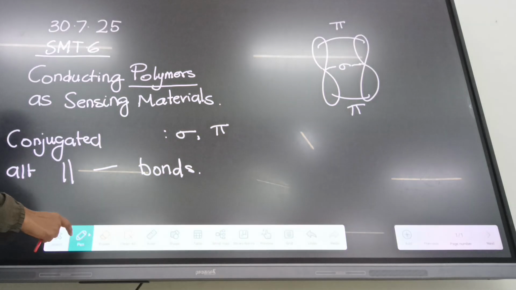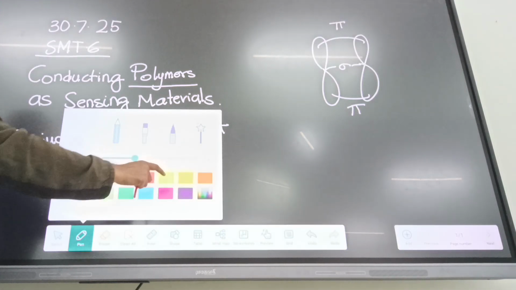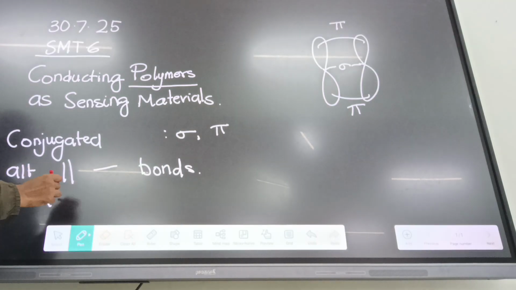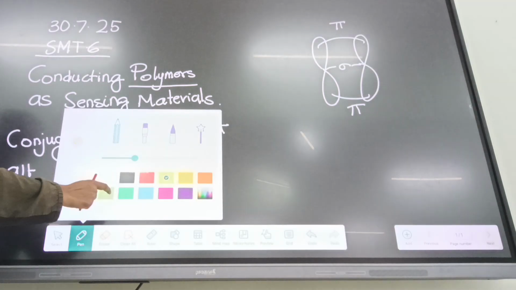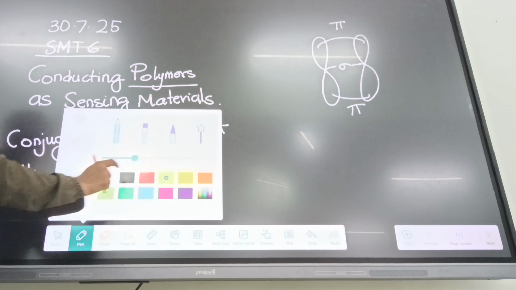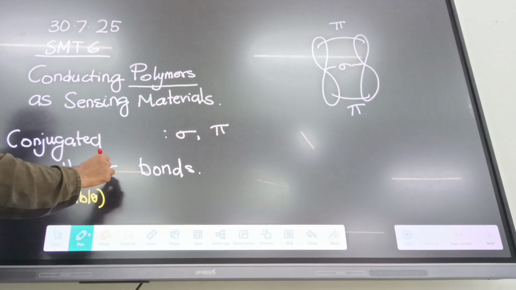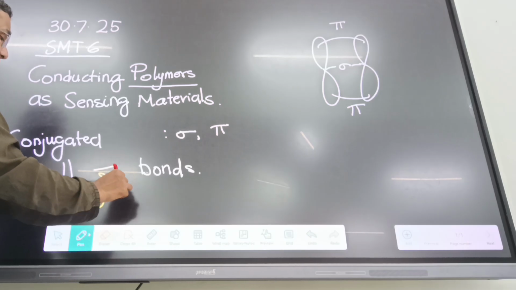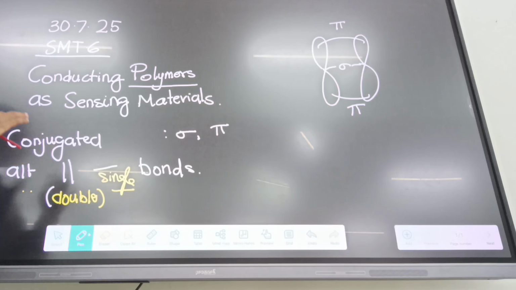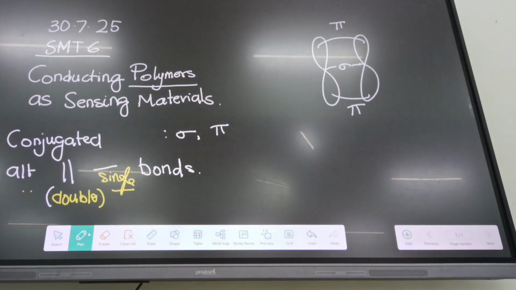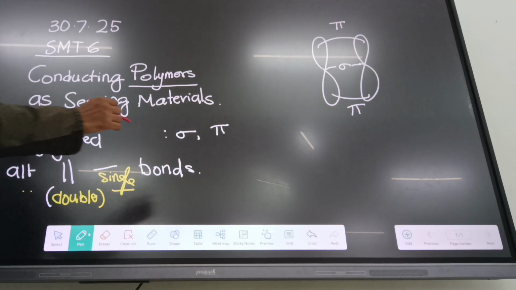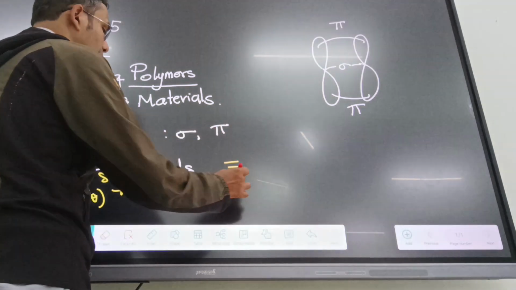Double and single bonds. If they are alternately present, it is one double bond and one single bond.